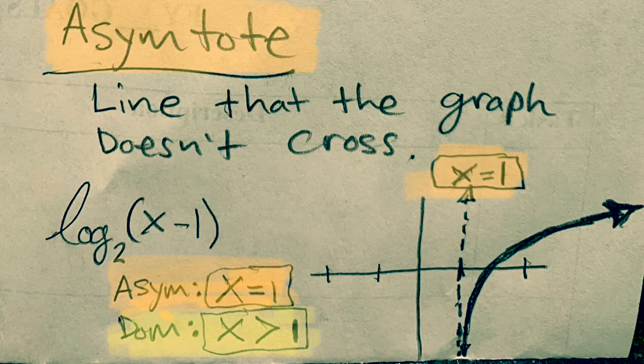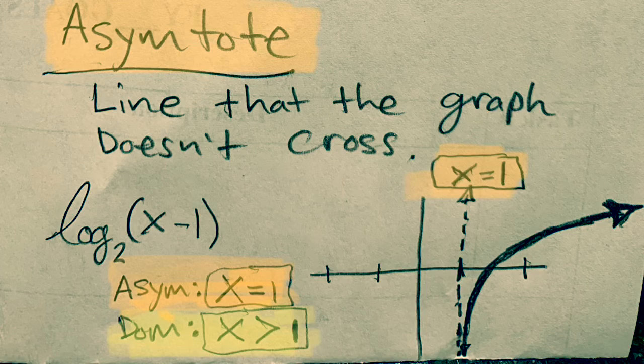X equals 1 everywhere on that line. And no matter where your graph goes, up or down with its y value, that graph will never cross that line because x cannot equal 1. And the graph won't cross it because x can't be any values less than 1.